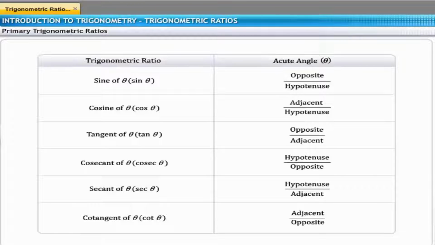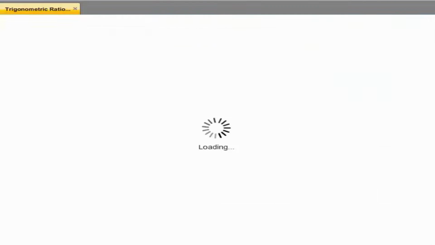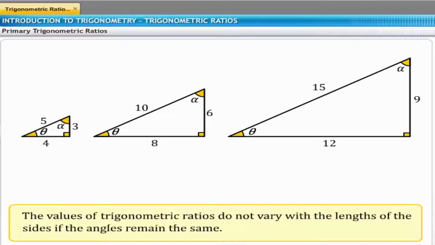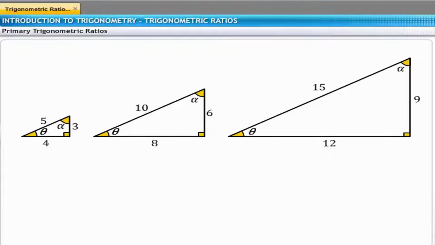Here are all the 6 trigonometric ratios of an acute angle of a right triangle. The values of trigonometric ratios do not vary with the lengths of the sides if the angles remain the same. Thus, we can conclude that trigonometric ratios are only dependent on the ratio of the sides and not on the lengths of the sides.